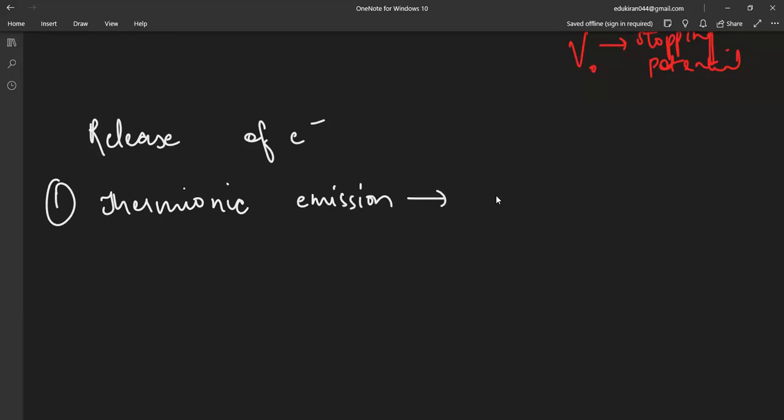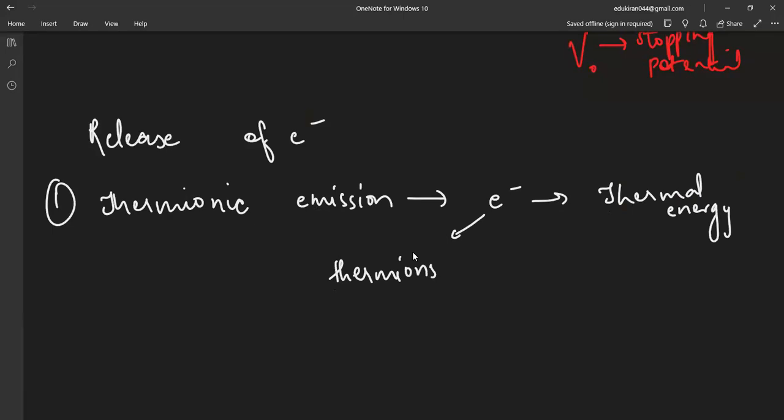That is, electrons are released by thermal energy. And we call these electrons thermions, or you can even call them thermoelectrons.